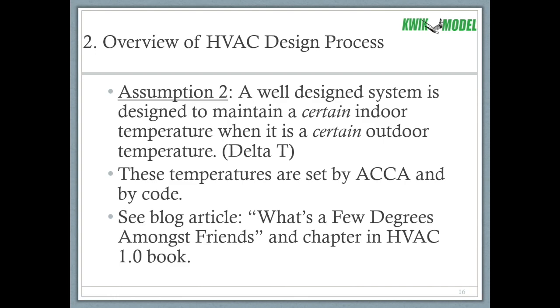The difference between those we call the design delta T. These temperatures are set by ACCA. There are recommended numbers for those, and in some states there's code, like California, which very precisely sets the indoor and the outdoor temperature. The outdoor temperature depends on the city, so you're going to have to look that up. You're going to have to find a table. ACCA has a table, there are other tables available, and it will show the design temperatures.